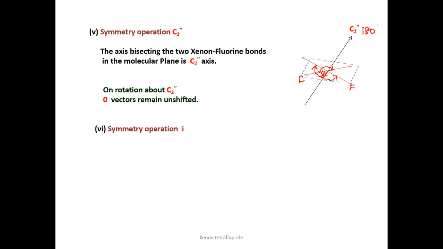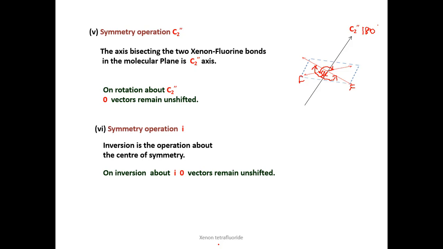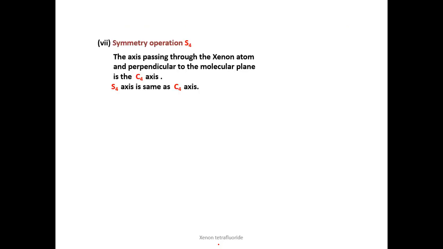So all the vectors get changed, and the number of unshifted vectors during inversion about the center of symmetry is 0. Next we have S4. S4 is C4 followed by sigma H. C4 is along S4 as I have shown, passing through xenon perpendicular to the molecular plane, and it involves 90 degree rotation.